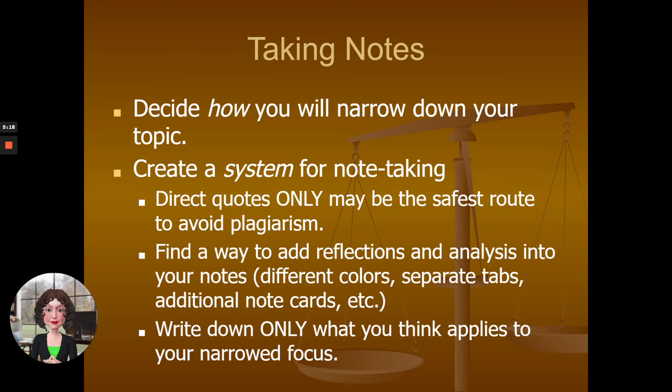Write down direct quotes only in the beginning so that you avoid plagiarism. You want to find a way to add reflections and analysis into your quotes. You can use different colors to write the quote down and then write your thoughts down, or separate tabs if you're doing a digital note-taking form.